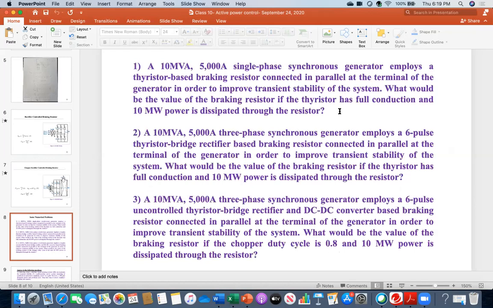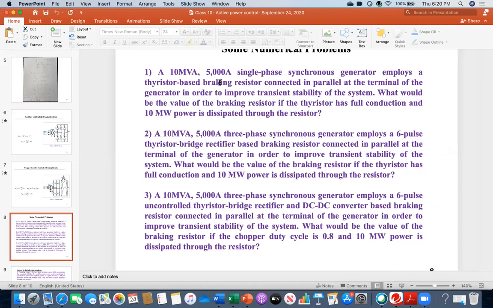There are 3 problems that you solve based on the knowledge that you learned using those equations. For example, everybody see the first problem. A 10 MVA, 5000 ampere single phase synchronous generator. I'm just showing the single phase generator for the first problem.